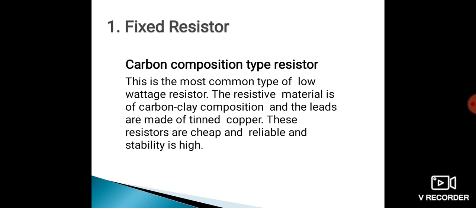The resistance material is made up of carbon clay composition, and the connecting leads, the terminals which are available for the connection, are made up of tinned copper. And these resistors are very cheap in cost and also reliable, with very high stability.